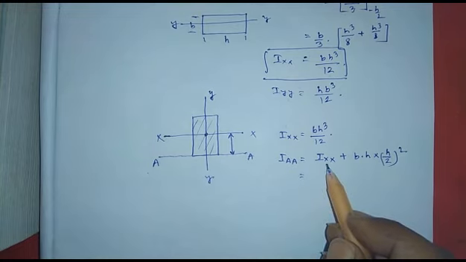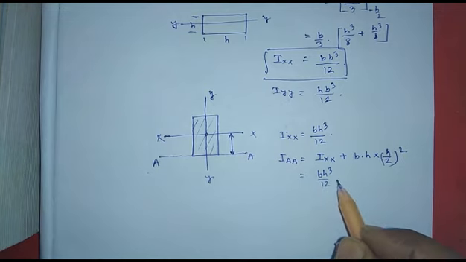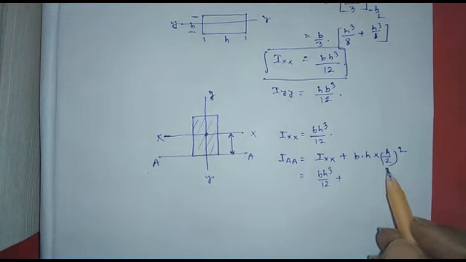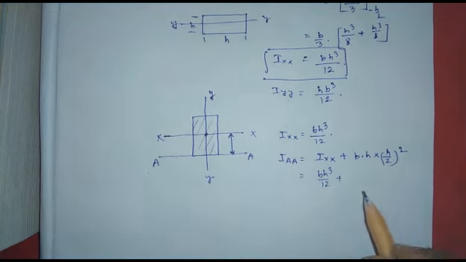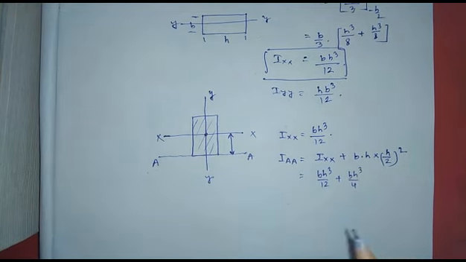So Ixx is bh cube by 12, we know, and this is coming as bh cube by 4.